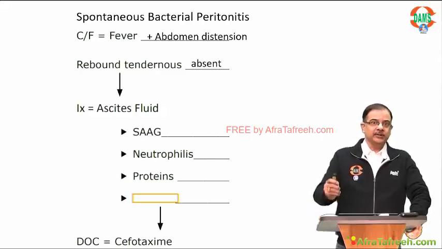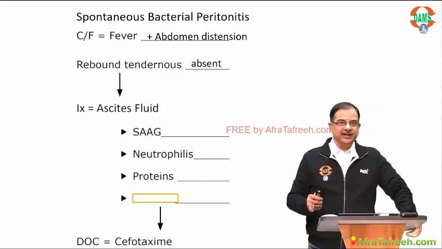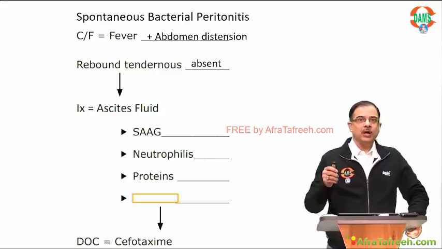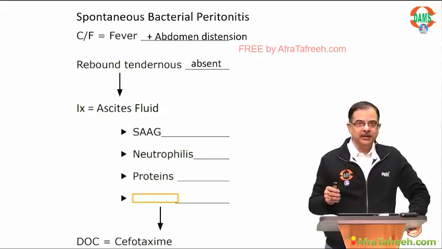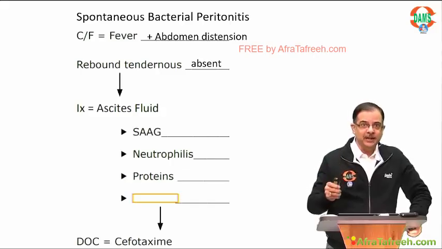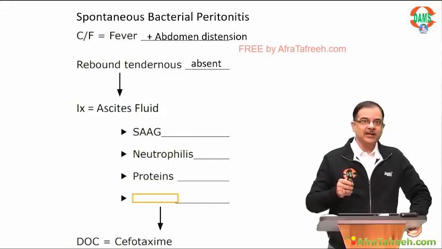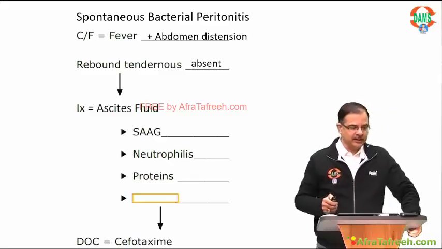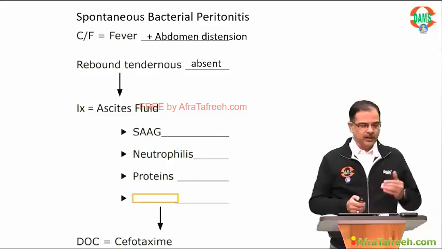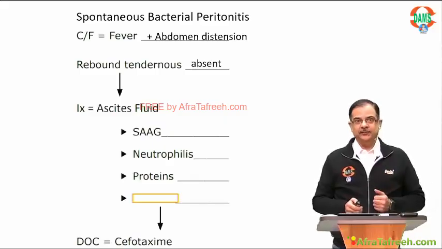So this is a paradox. Even though it is peritonitis, rebound tenderness will be negative or absent. The reason being, peritoneal inflammation is very minimal here because proteins are less and local antibodies are less. Now, what will the ascites fluid tell us?